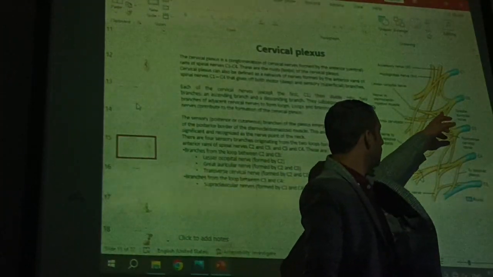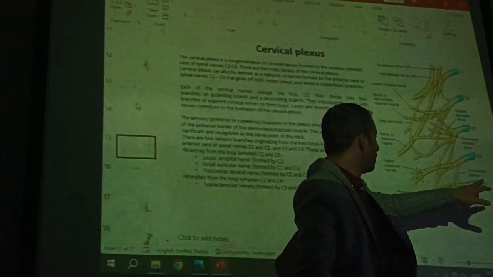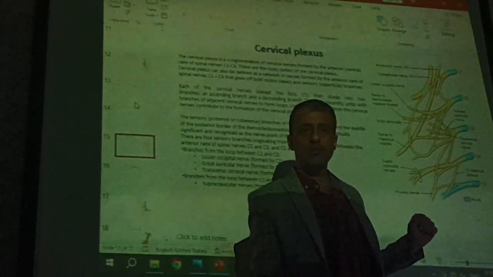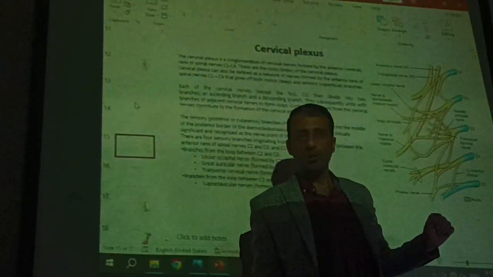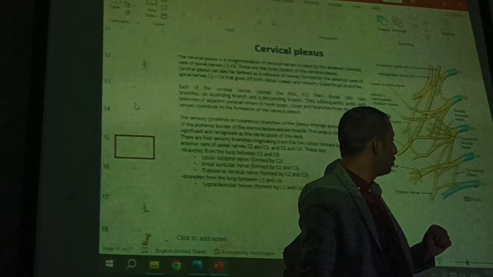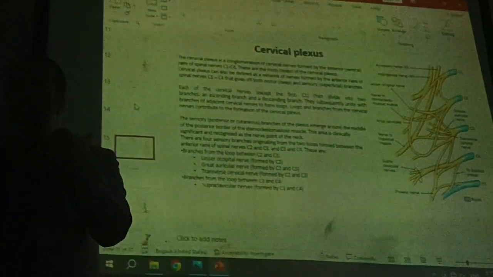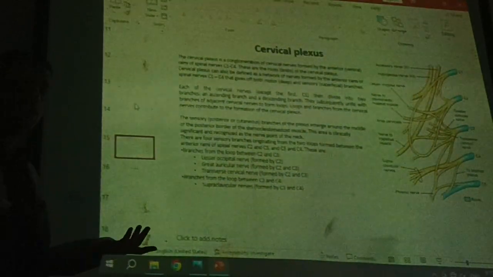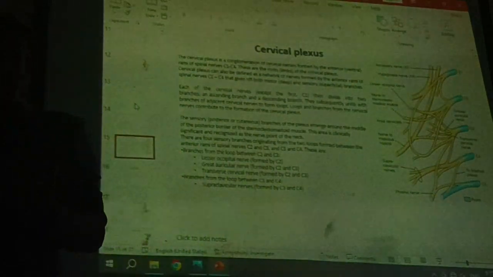Every one of these spinal nerves, except C1 and except C5, divides in two branches, a superior branch and an inferior branch. The superior branch and inferior branch connect together and innervate all the muscles of the paravertebral area. These are the motor fibers, the motor branches of the cervical area.